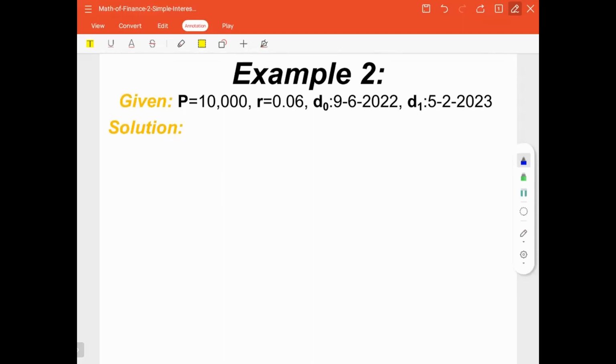Again, let's compute first the approximate time, then the actual time. Because once we get the approximate and actual times, of course, it will be very easy to compute for those four types of interest. So we'll start with approximate time. Again, we'll follow this format. We'll start with the year, then the month, and the day there.